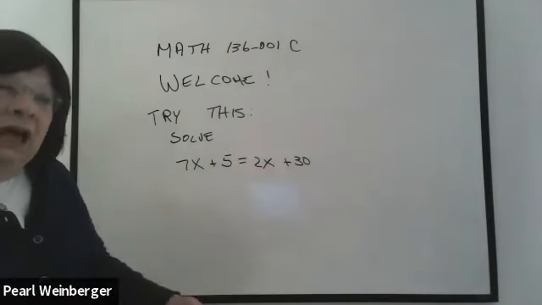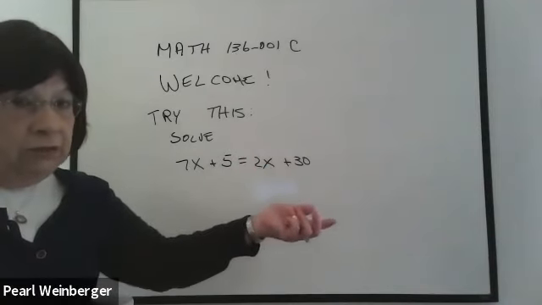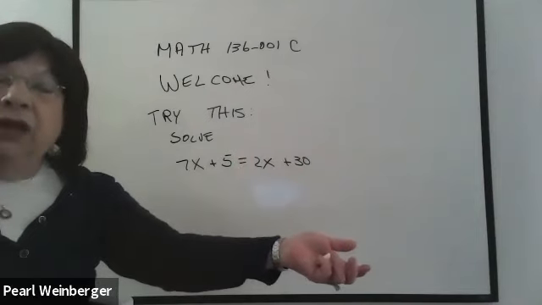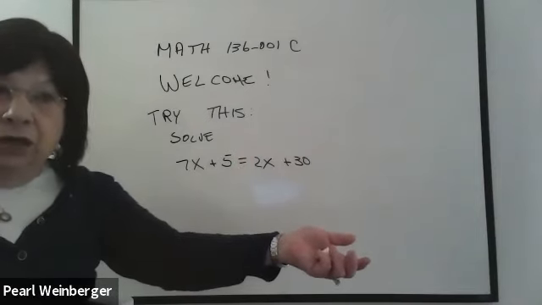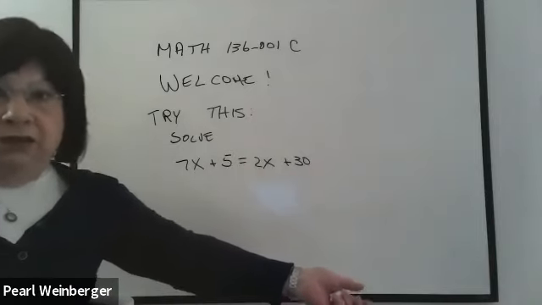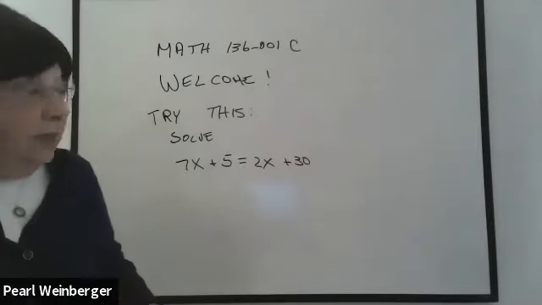And the way we solve an equation is to maintain our balance: whatever we do to one side of the equation, we have to do the exact same thing to the other side. So if we, let's say, take something away from one side, we take the same amount from the other side so that my balance remains.